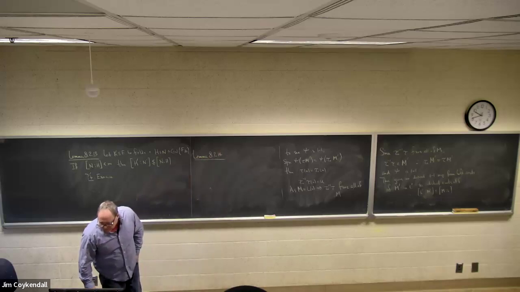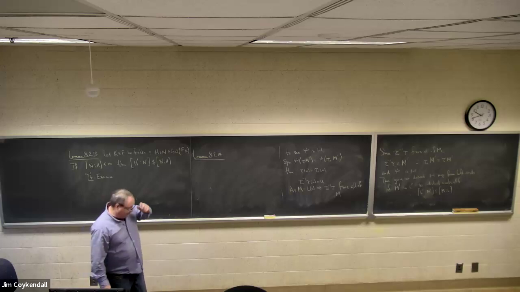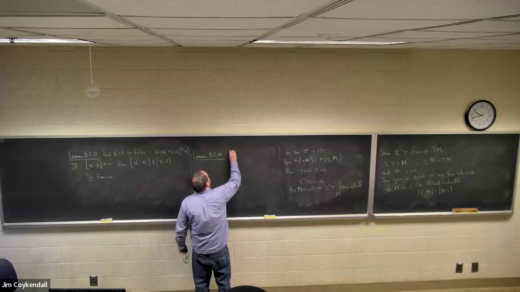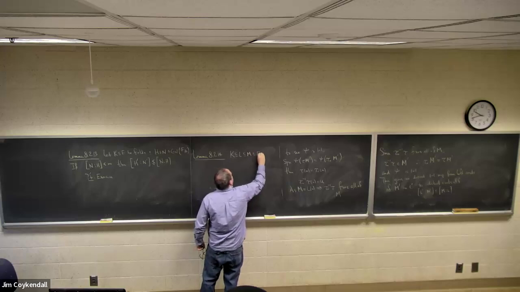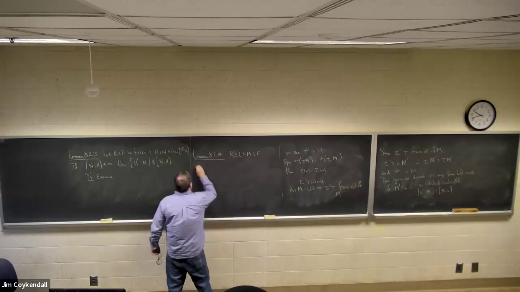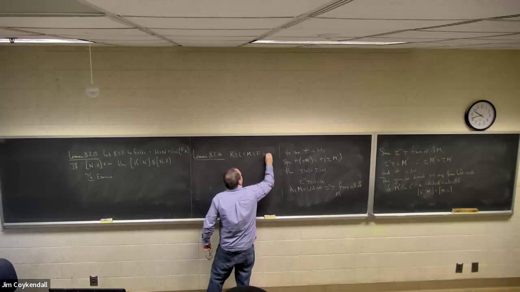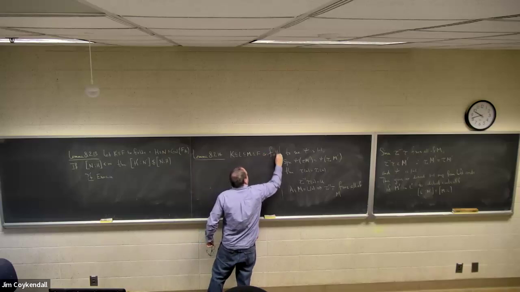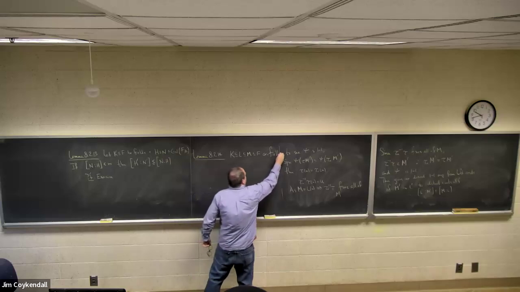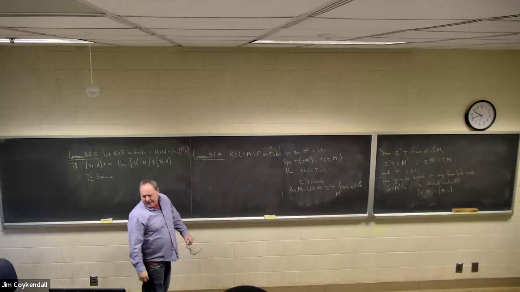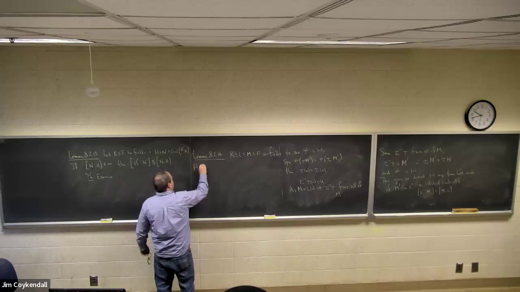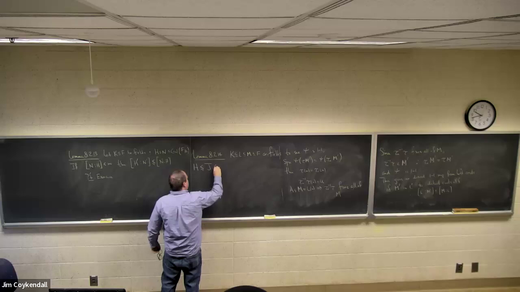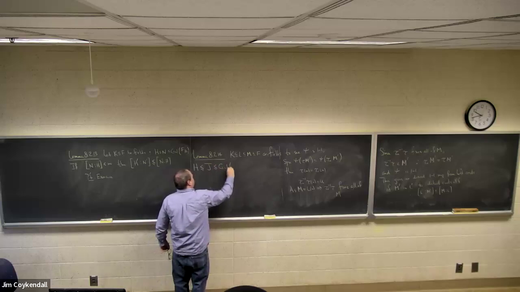Our situation now is we have K, L, M, and H inside J, Galois.